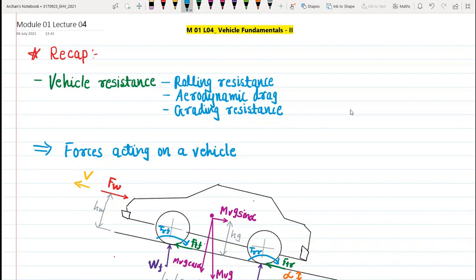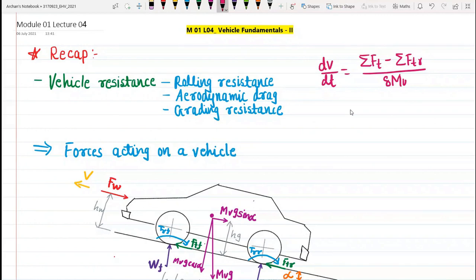We defined the equation of acceleration, which was given by dv/dt = (ΣFt − ΣFtr) / (δ mv), where v was our vehicle speed, ΣFt is the total tractive effort, and ΣFtr is the total resistances.